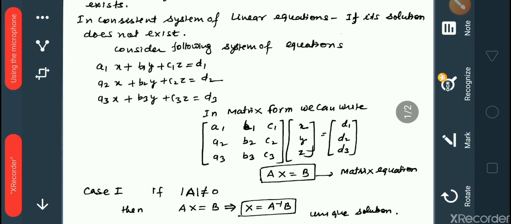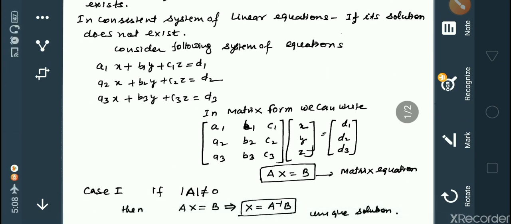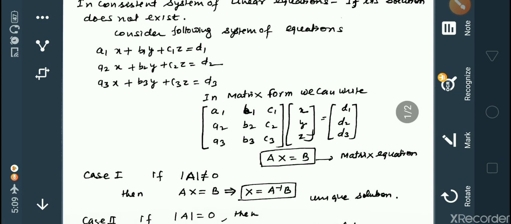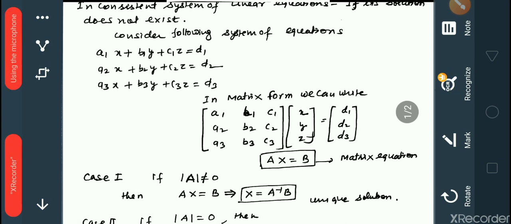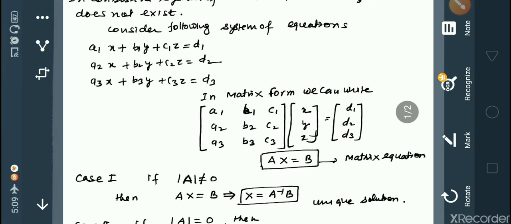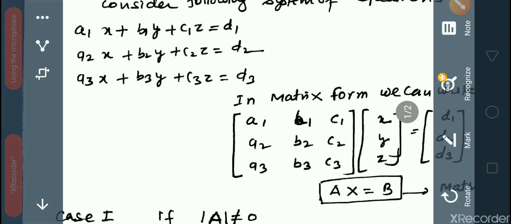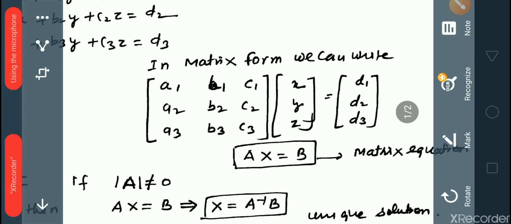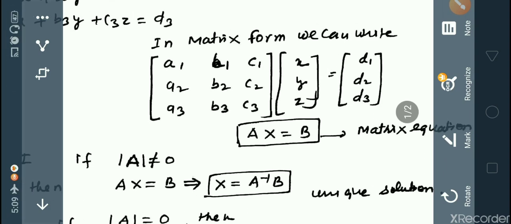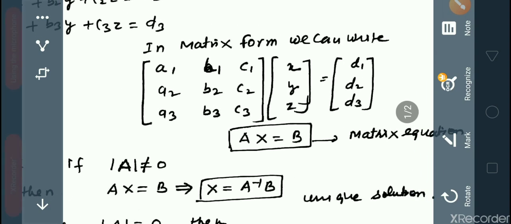Now consider a system of equations a1x plus b1y plus c1z is equal to d1, similarly a2x plus b2y plus c2z is equal to d2, and the third one is a3x plus b3y plus c3z is equal to d3. In matrix form we can write these simultaneous linear equations as below. We have written 3 matrices.